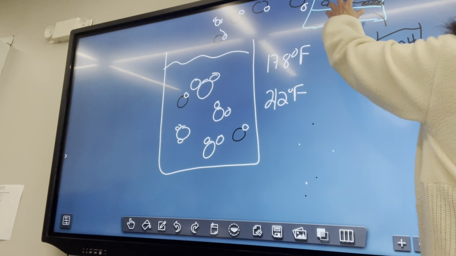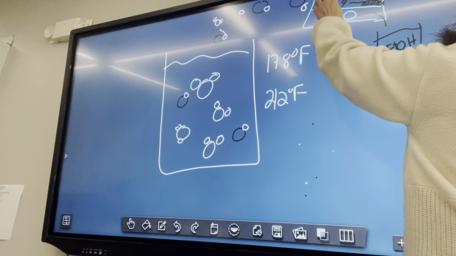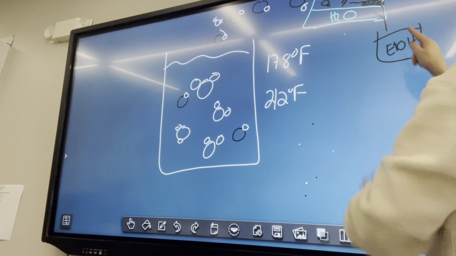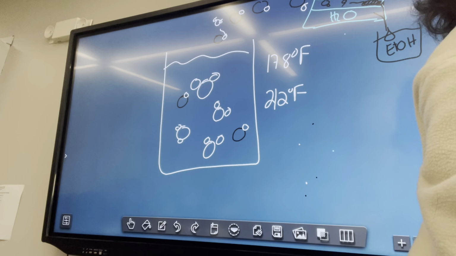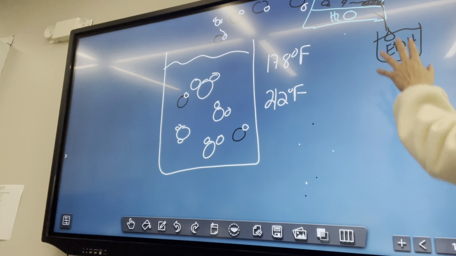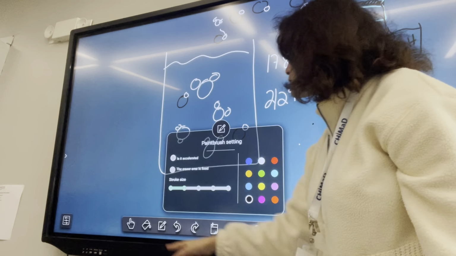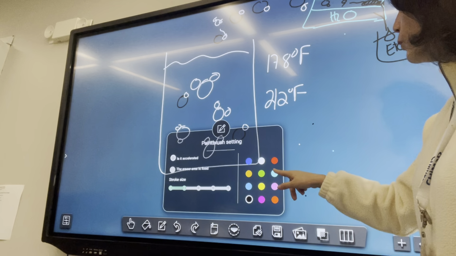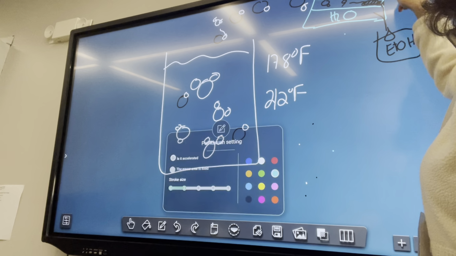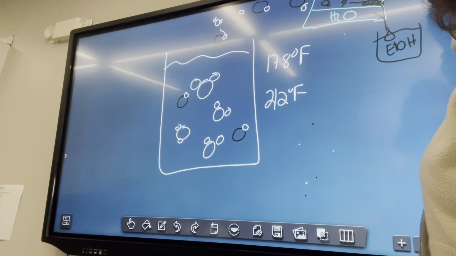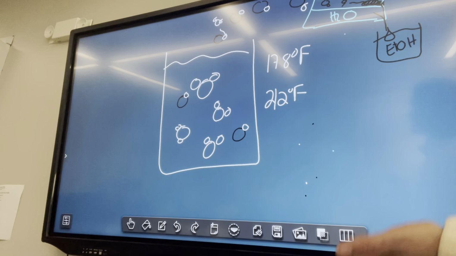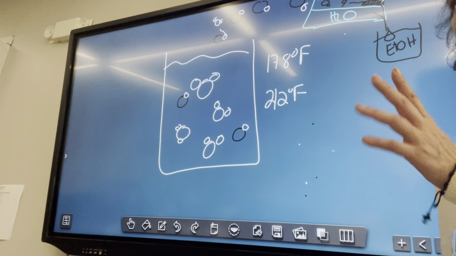Because when you cool off steam, it condenses and is able to drop in here as a liquid. And then you collect it. That's called a condenser, because you just have cold water that allows you to condense. Nobody wants vapor alcohol, right? We want it as a liquid.